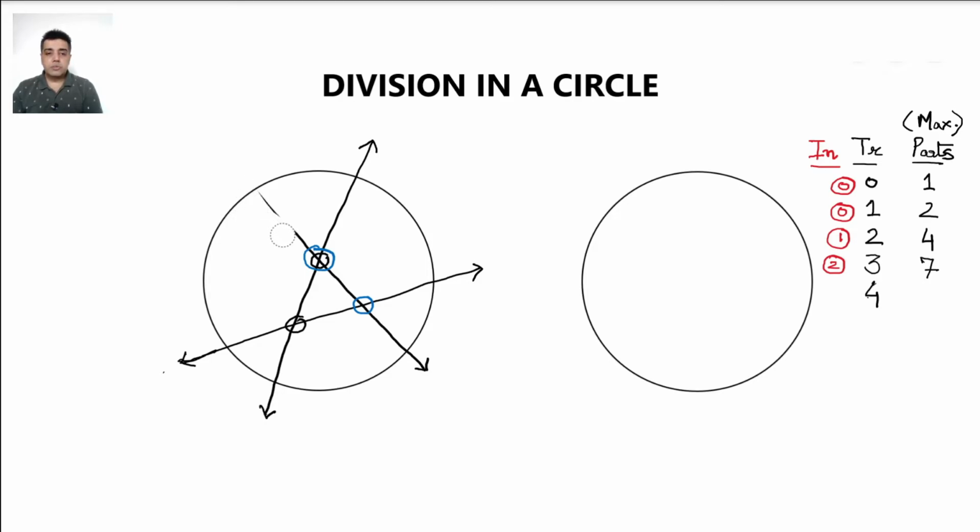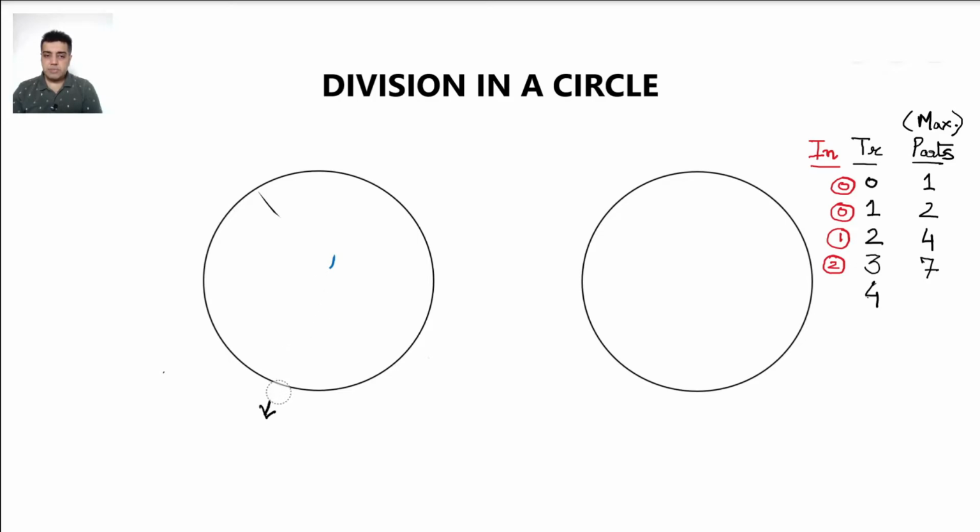Okay, so by now we have a fair enough idea of how to take it to the next level. What is the next level? Now if somebody asks me a question, I am supposed to draw 4 transversals onto a circle, which is a 2-dimensional representation. What is the maximum number of parts in which a circle can be divided?